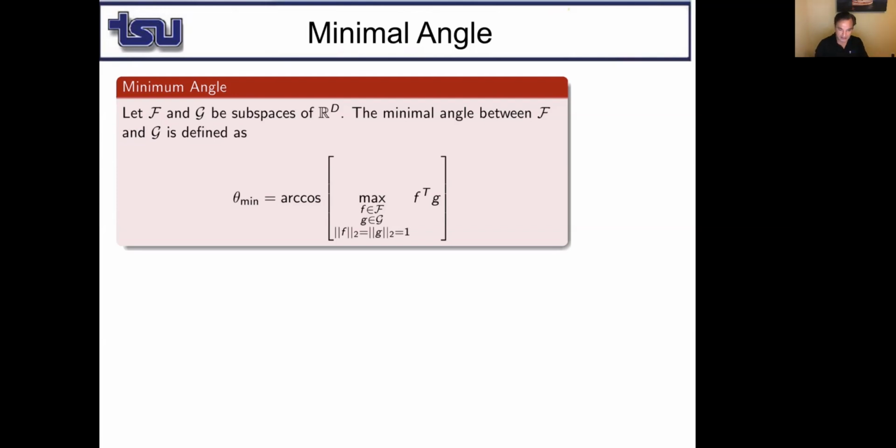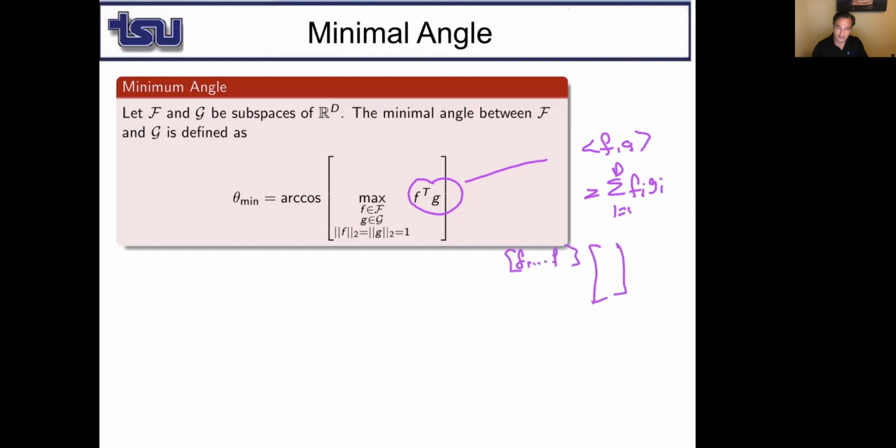By the way, this is another notation for the inner product of F and G. So F transpose G, because when we deal with RD, if you remember, this was equal to the sum of Fi Gi, i from 1 to D. And in matrix notation, you can always write this as F1 all the way to FD, times G1 all the way to GD.